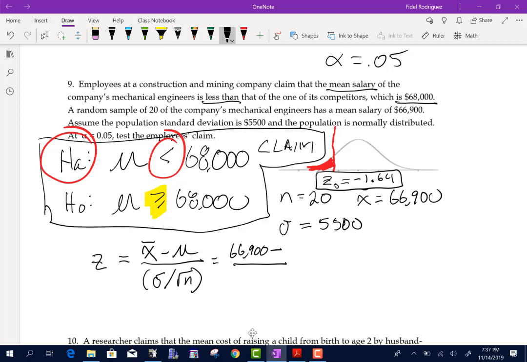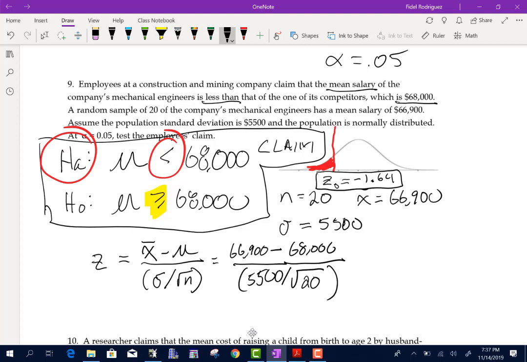Minus, what is our mu in this case? 68,000, right? Now I'm going to come back over here. What is my sigma? 5,500, divided by the square root. What was our n? 20.